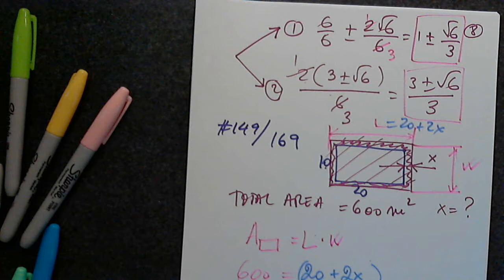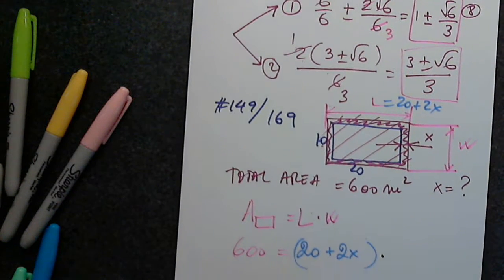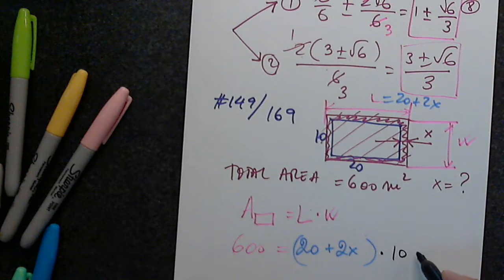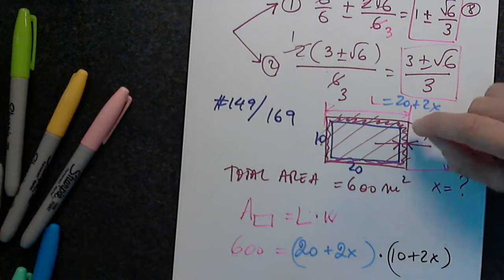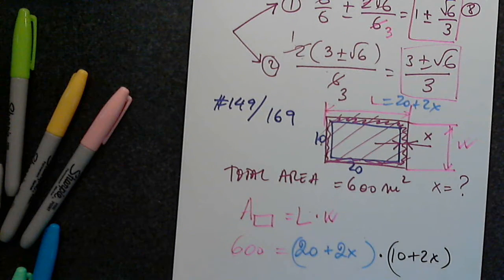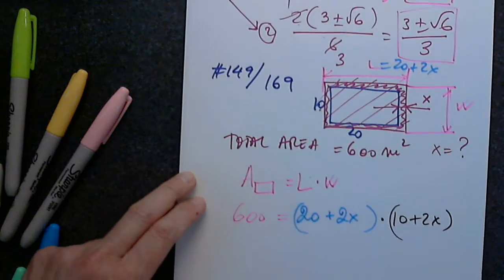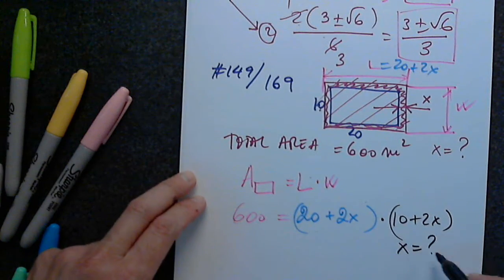Can anyone identify the width for us? So we have to multiply it here. Plus 2x, of course. So the width now has this x, has 10 and another x. X plus x is 2x, and the rest is 10. Excellent. Good.